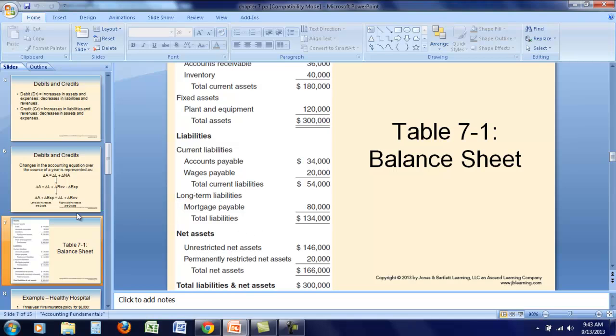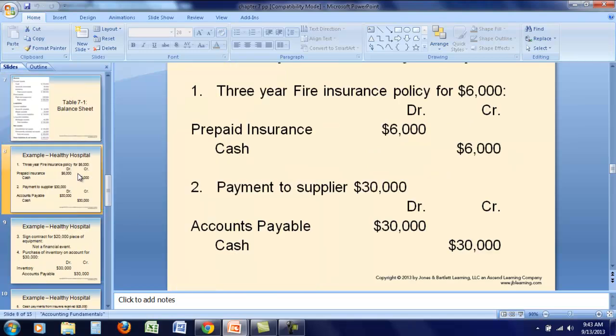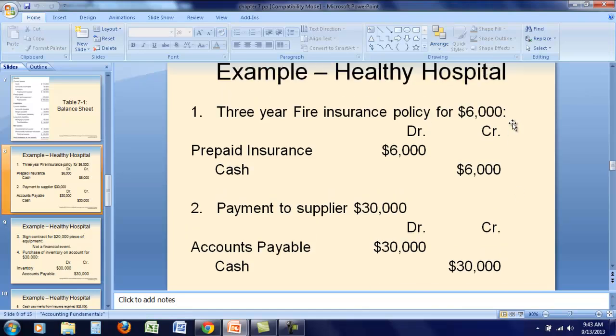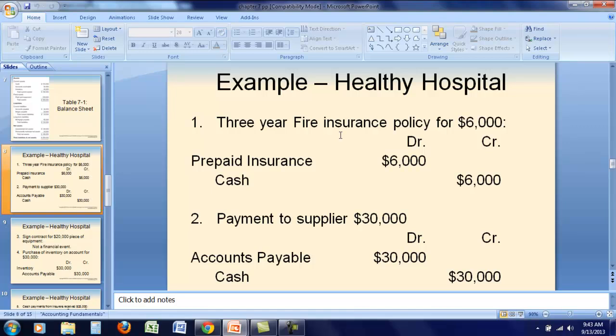So let's take a look at slide 8. Slide 8 shows us journal entries. You see DR is for debit, CR is for credit. In example 1, they're paying their 3-year fire insurance policy in advance. What advance means is, say it's for fiscal years 14, 15, and 16.